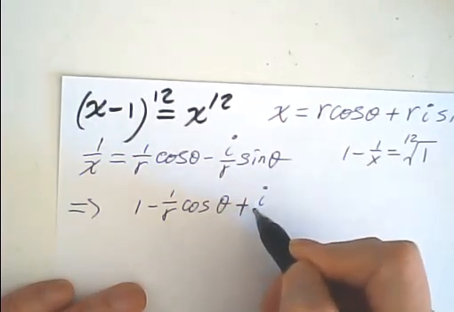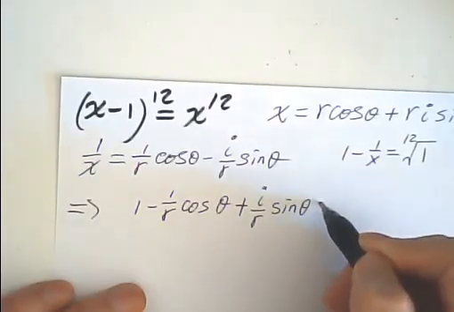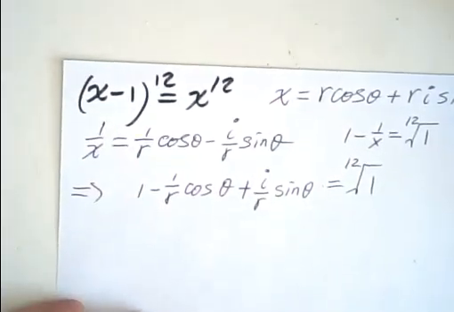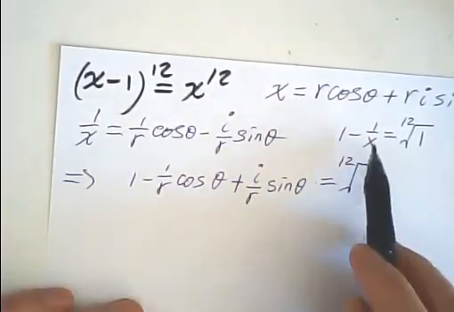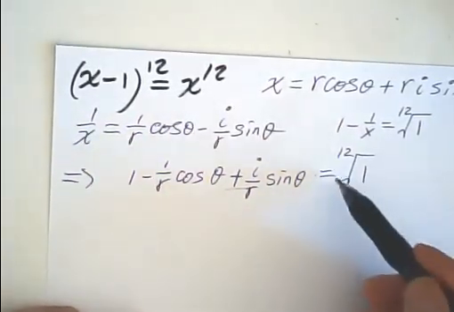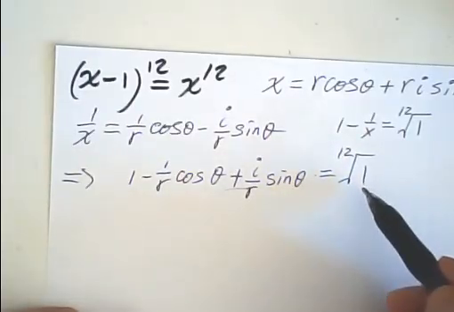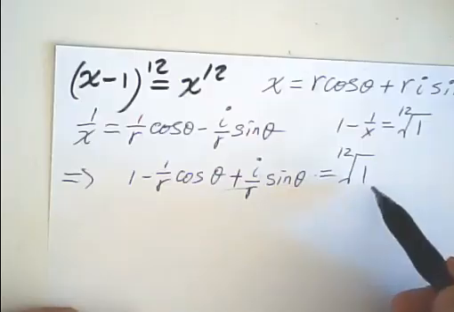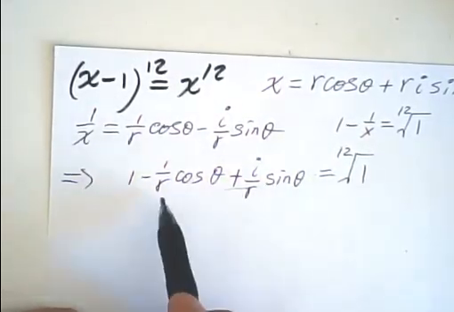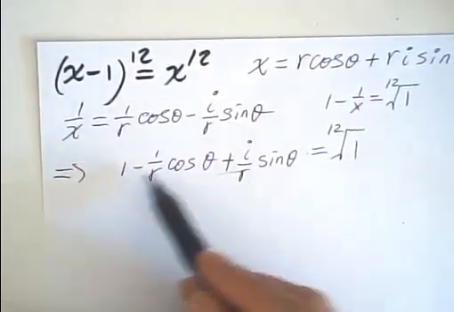Plus I 1 over r sine theta is equal to 12th root of 1. Okay, this is a complex number. The modulus is 1. So this complex number, the modulus must be 1.